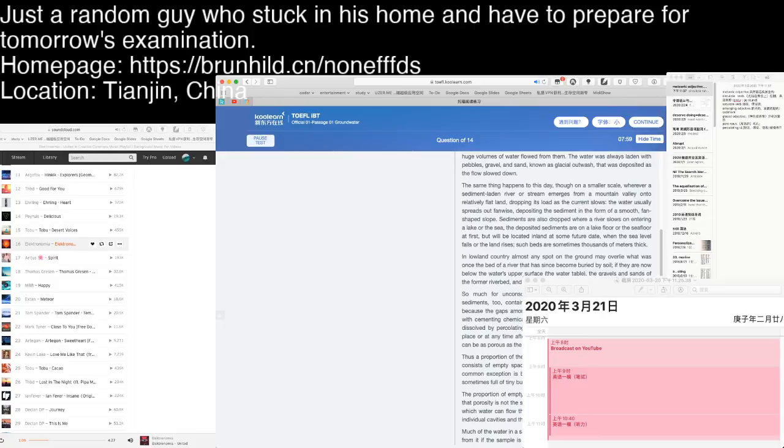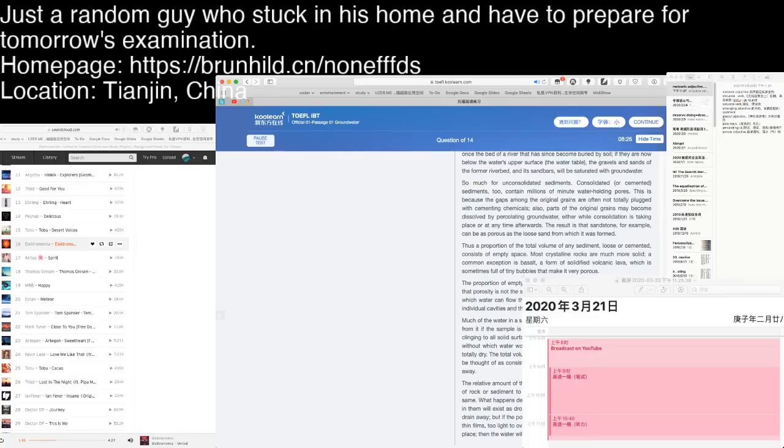Sandstone, for example, can be as porous as the loose sand from which it was formed. The proportion of empty space in a rock is known as its porosity.